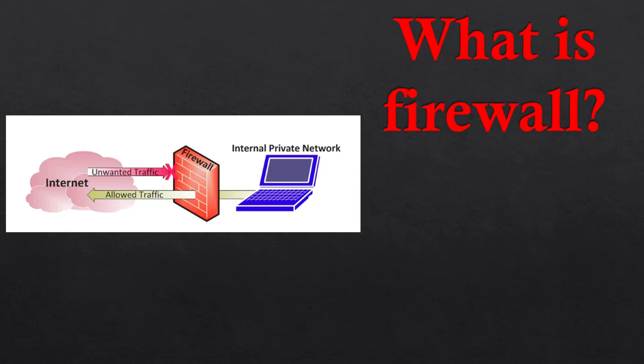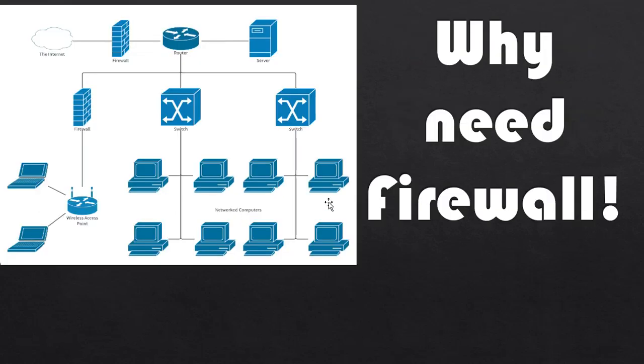So now the question may come, why we need a firewall? Because if you see the network connectivity of any company, it will be somewhat similar to this. You may have several computer systems, the servers or user machines.